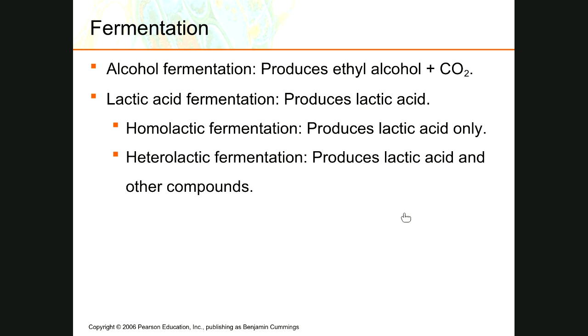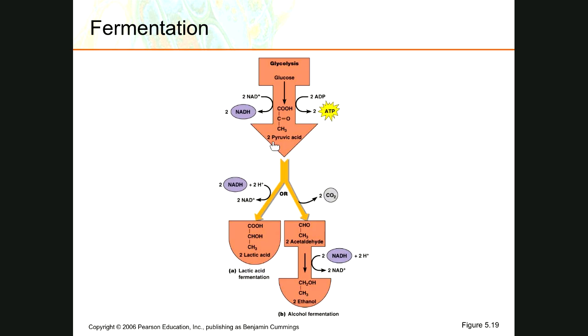So when it comes to alcohol fermentation, the end result is ethyl alcohol plus carbon dioxide gas. With lactic acid fermentation, you can produce lactic acid only, which is homolactic fermentation, or lactic acid plus other end products, which is heterolactic fermentation. But in both cases here, ATP production is limited to just glycolysis, just 2 molecules of ATP.